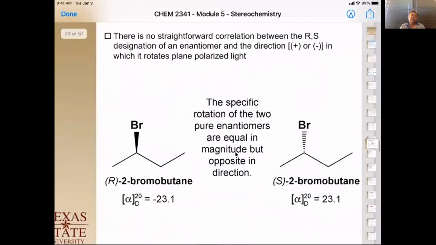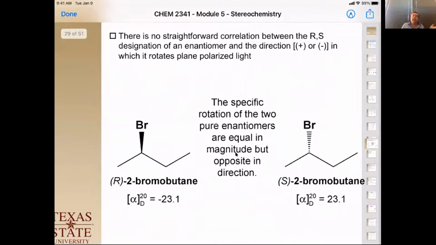So for an example of how R and S are not equivalent to plus and minus, here we have our R, our rectus, our right, our clockwise assignment, and it actually rotates light counterclockwise. When we measured it at 20 degrees and accounted for its concentration and path length, it ended up being a negative 23.1 degrees rotation. So it's rotating it counterclockwise.